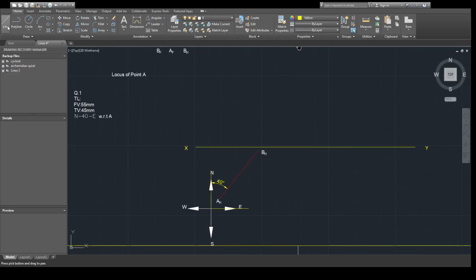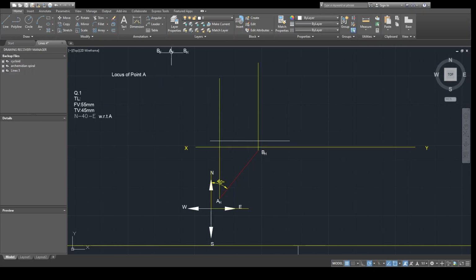Now let us extend the projection line from point AH as well as from point BH. The projection line should be very thin. Now the front view length 55 mm is given, but we don't know the front view, so let us draw our locus of point A. So this is my locus of point A. The front view length is 55.